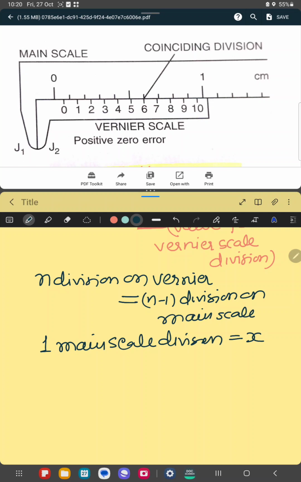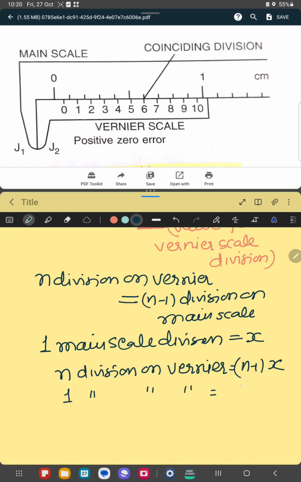So n divisions on Vernier is equal to n minus 1 into x. So 1 division on Vernier is equal to n minus 1 into x divided by n.